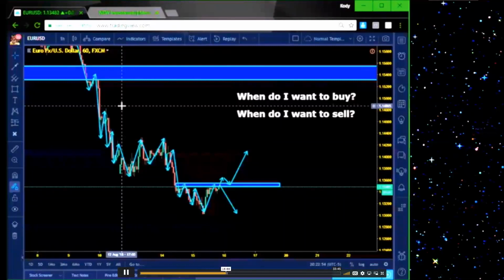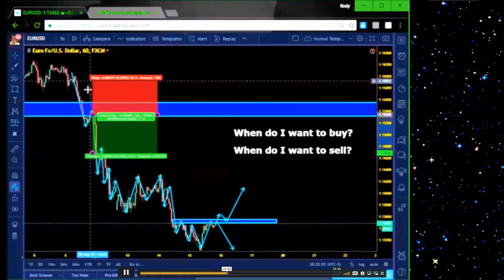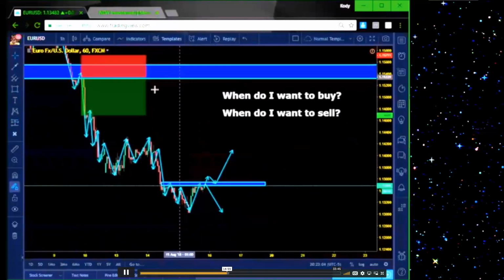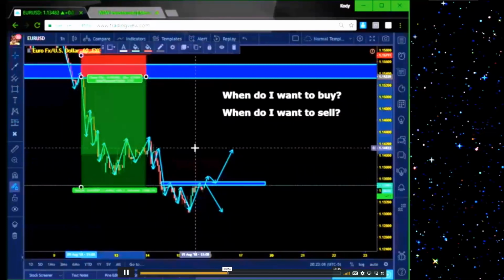How do we know how long to be in a trade? Well, let me ask you something. If you sold EU right here, like we discussed, is there really any reason to have exited the sell trade up to this point, running 188 pips based on market structure? Not really, right?